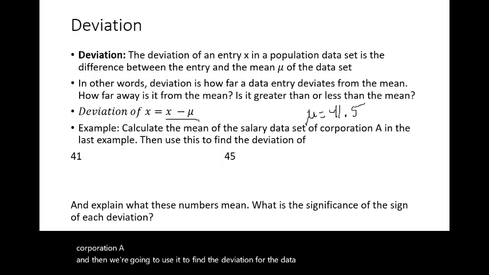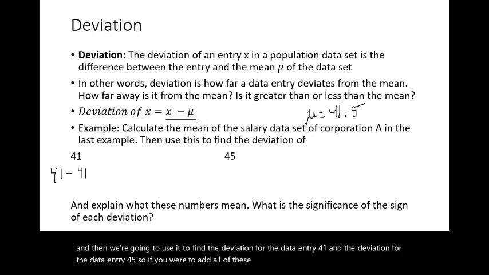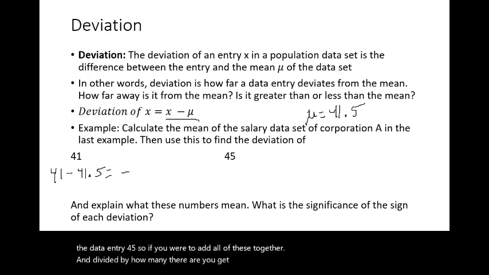The deviation for 41 is the data entry itself, 41, minus the mean, 41.5. And 41 minus 41.5 is negative 0.5. We're going to talk about what this means in just a second.